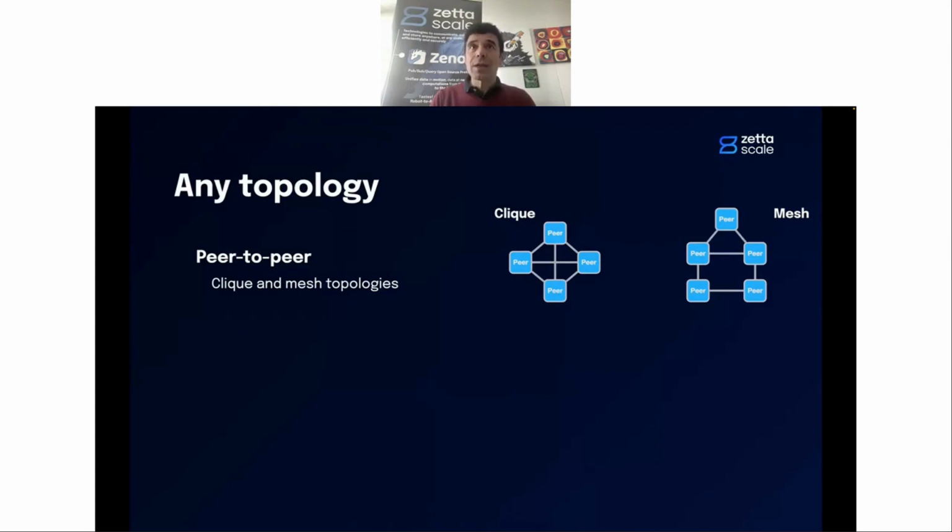So the case in which every peer has direct connectivity to every other peer, either because of leveraging some multicast transport, like UDP multicast, or because of having a point-to-point connection to every other peer. DDS, for instance, assumes that you have clique connectivity. But in Zenoh, we can support clique, but we can also have peers over an arbitrary mesh. So as long as you have a connected graph between the peers, we are able to route communication.